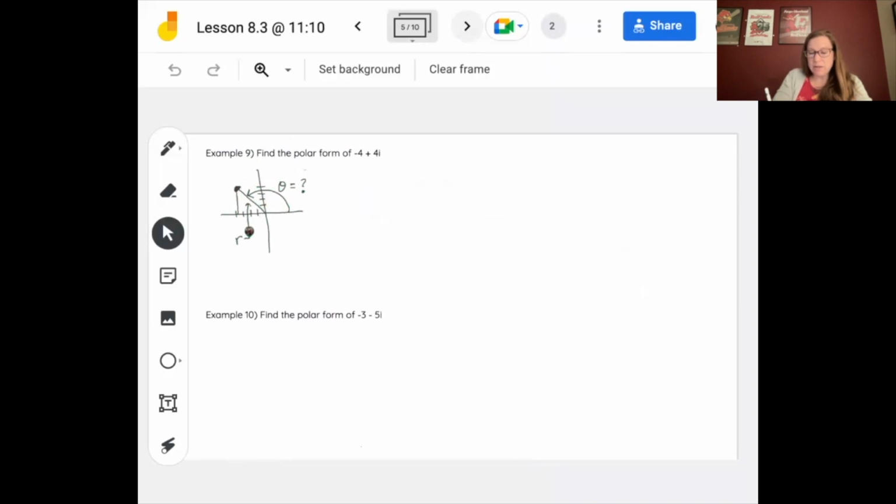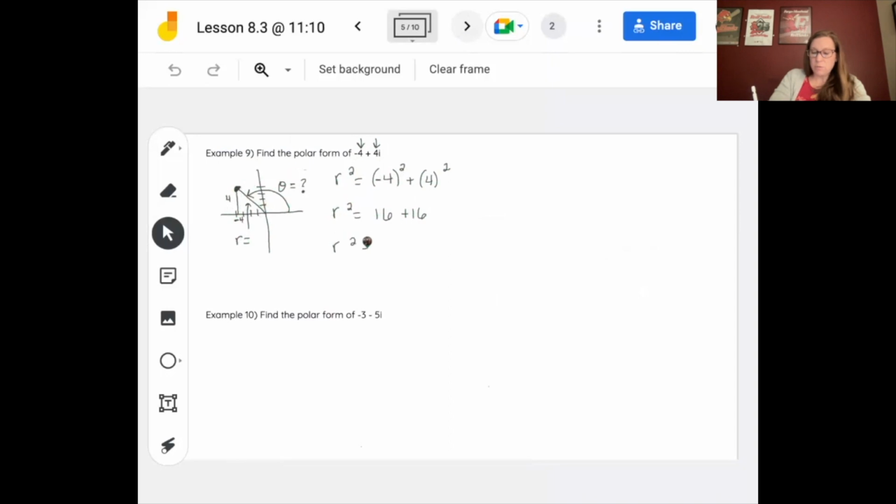We don't know what the radius is, but we do know the distance, right? So I know that radius squared is equal to each of these parts squared, right? I went left 4 units, so I've got -4 squared. Plus, I also went up 4 units. Maybe it'd be helpful if I labeled these just in case. So radius squared is 16 plus 16.